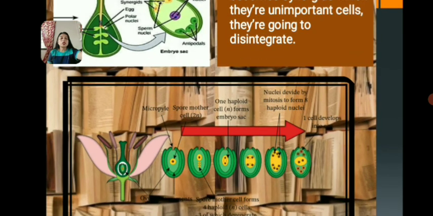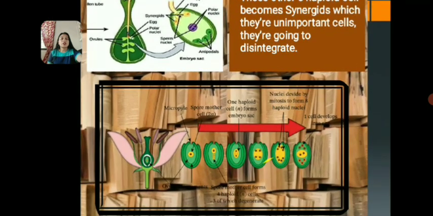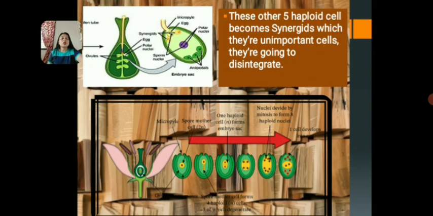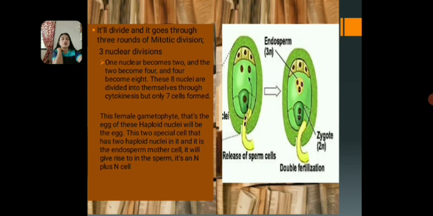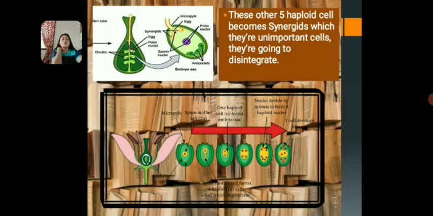Before one cell develops, there are many processes. These other 5 haploid cells become the synergids, which are unimportant cells, so they're going to disintegrate. Those that were not counted among the 7, as I said earlier, only 7 cells form.